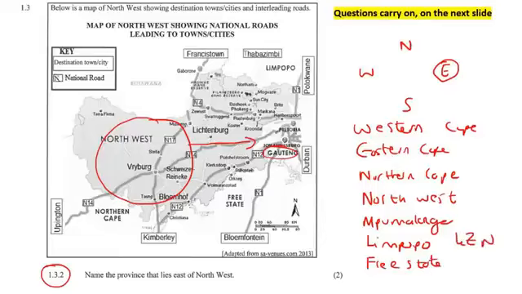I'm just going to say KZN. So that's 1, 2, 3, 4, 5, 6, 7, 8. One more. Gauteng. There we go. Okay, so those are the different provinces that we have in South Africa. So the answer for this one, by the way, should have written it down, is Gauteng.